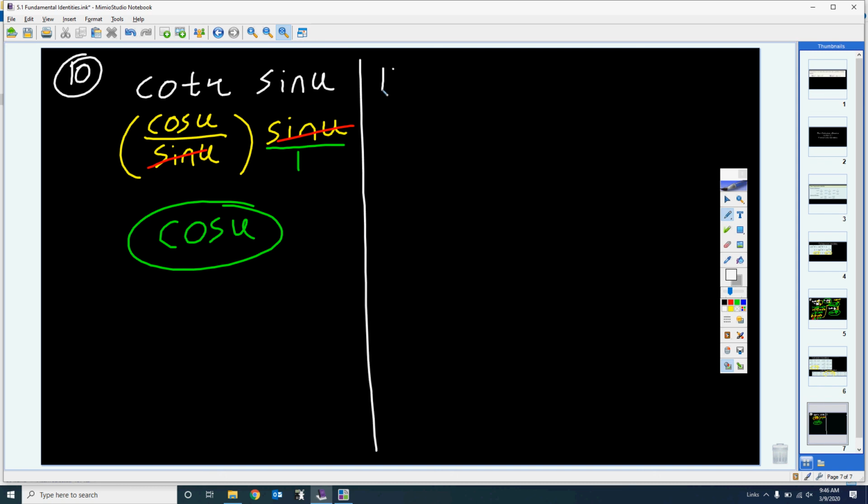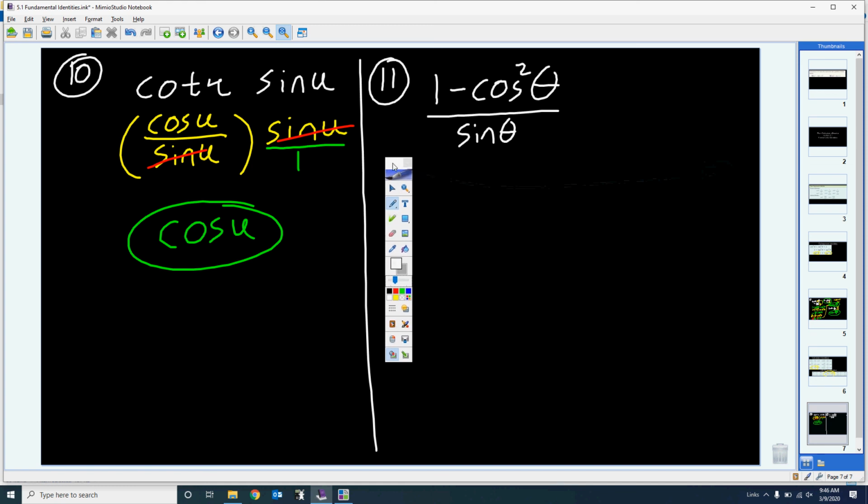Number 11. I have 1 minus cosine squared theta over sine theta. Now this one is where I'm going to use a Pythagorean identity, but it's not going to look just like the Pythagoreans we saw.